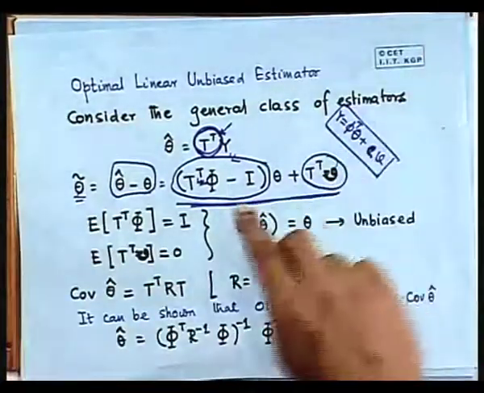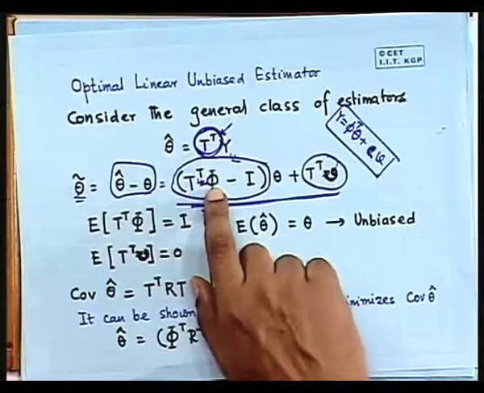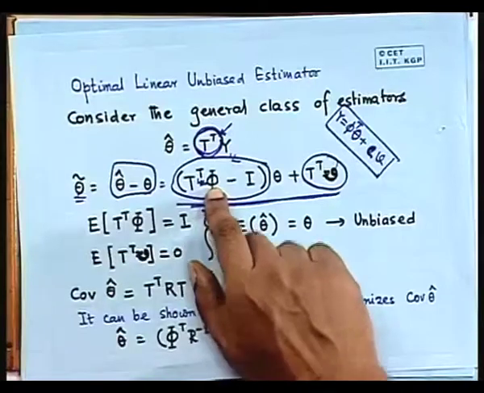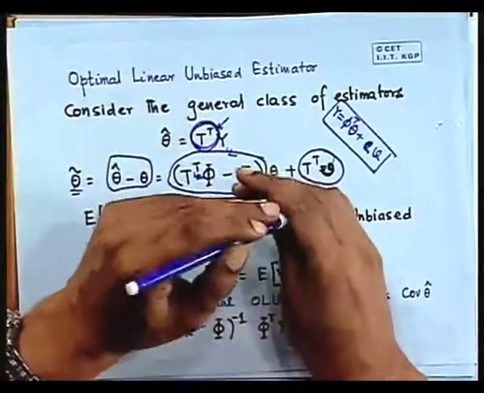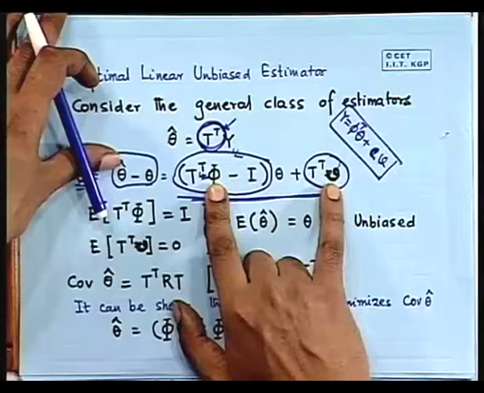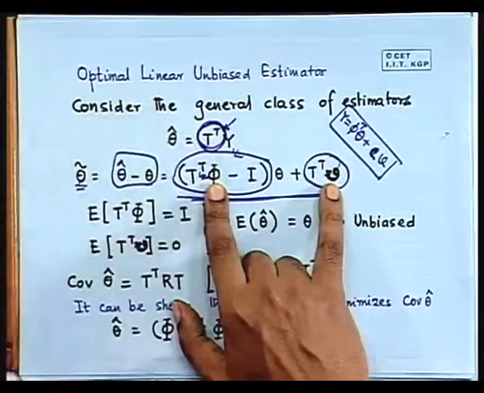What does it mean? That this matrix T should be such that it is very well correlated with the actual data phi. So it's not necessary that you have to use the data. You can use something else other than data, but you must use something which is very correlated with the data and very uncorrelated with V. If you can do that, then whatever you put in this T matrix will give you an estimator.